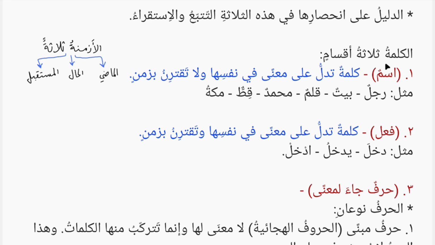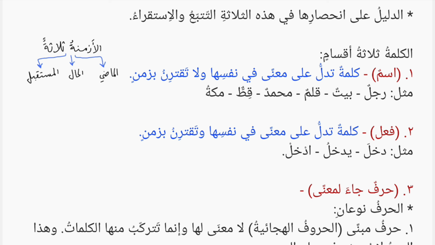طيب. Now, al-kalimatu thalathatu aqsam. So we've learned that al-kalimatu, the words, are 3 types. اسم فعل وحرف جار معنى. What is اسم? اسم كلمة تدل على معنى في نفسها ولا تقترن بزمن. An اسم is a noun that conveys a meaning, but it has no relationship to time. اسم conveys a meaning. رجل, when we say رجل, is there a meaning that's conveyed there?